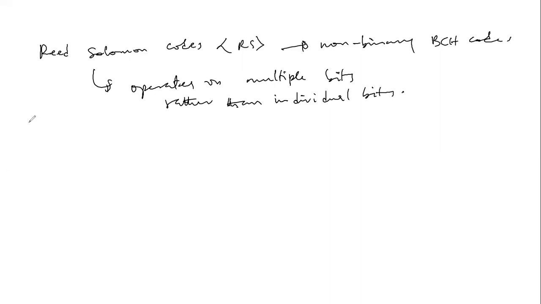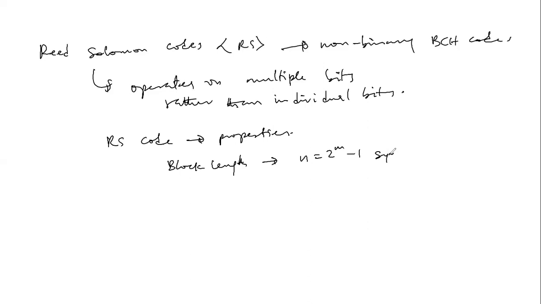So a t-error correcting Reed-Solomon code has the following properties. Block length n equal to 2 to the power of m minus 1 symbols. Then we have the message size of k symbols.